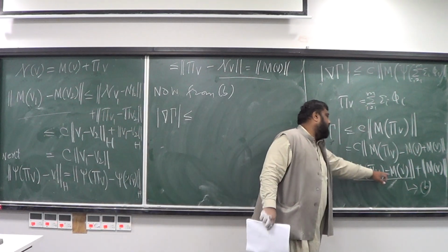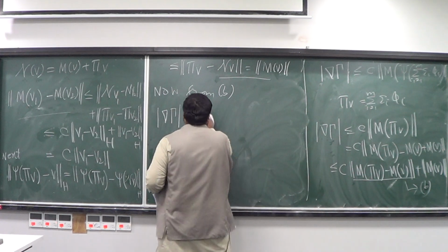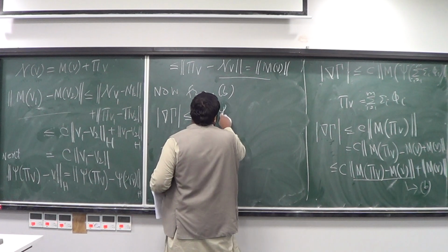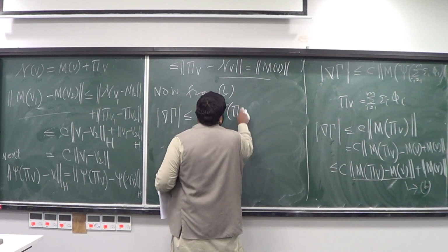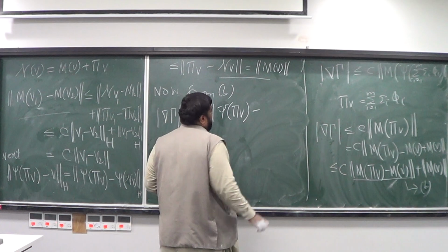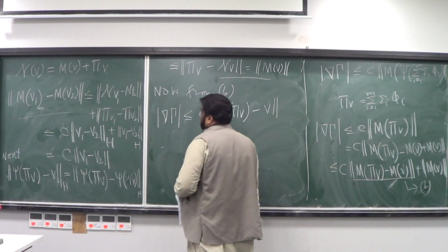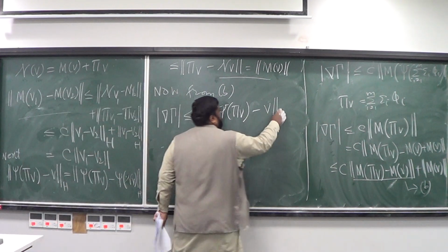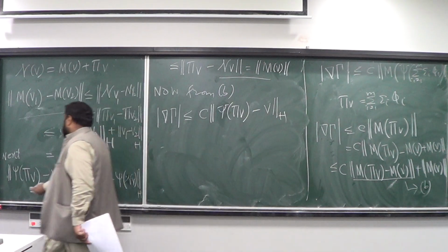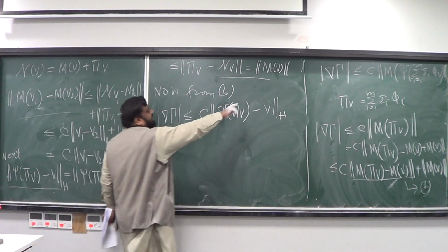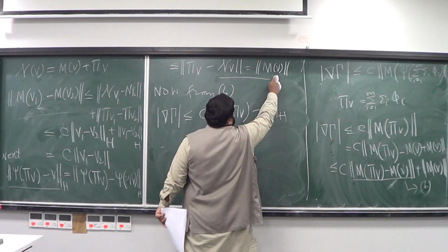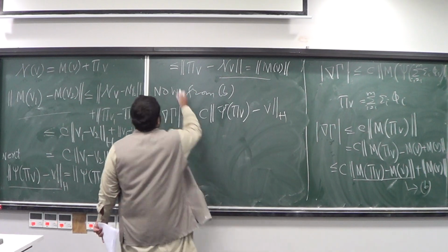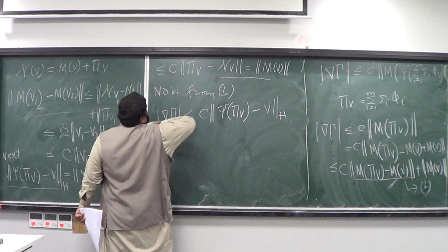So first I can apply the Lipschitzness, and I can say that this is going to be less than or equal to psi of pi v minus v, but for v in H obviously. For this you have the estimate that this is less than or equal to some n of v. If you wish, you can put a constant c here.